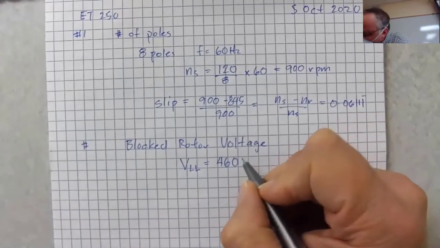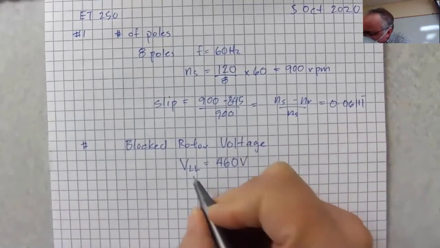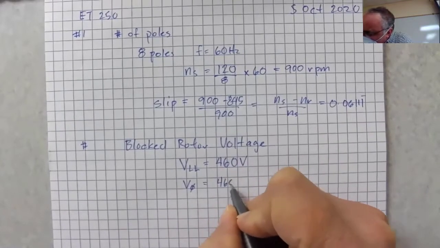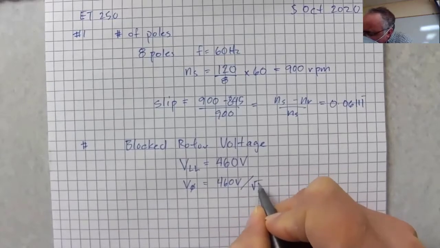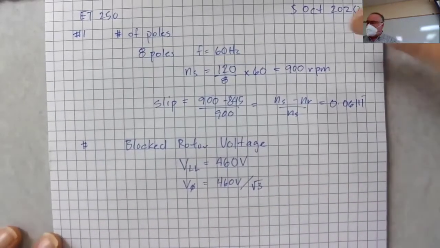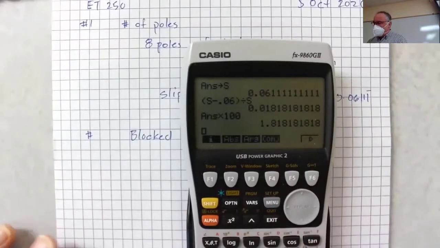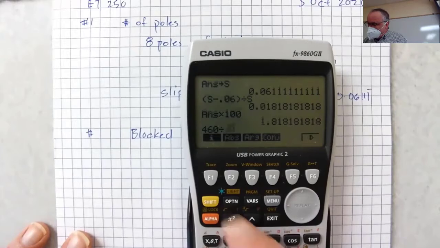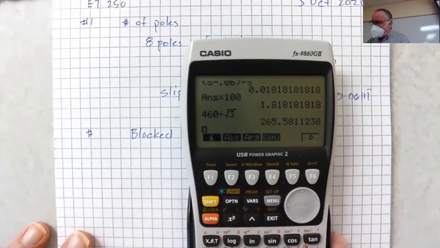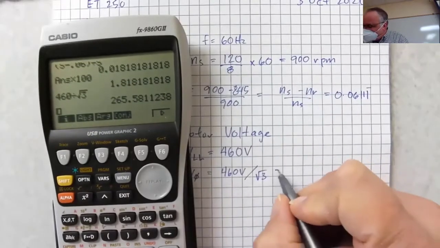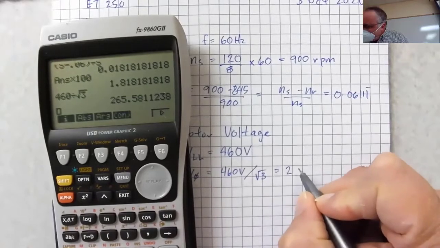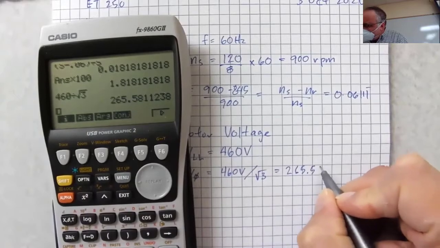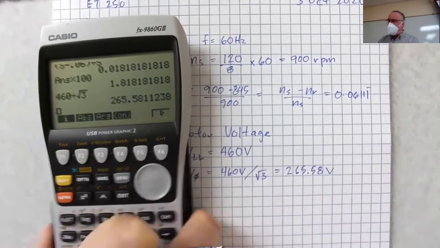At the motor itself, it's 460. So if we want V phase, we have to take 460 and divide it by the square root of 3. So that'll give us a phase voltage. 460 divided by square root of 3 is 265.58 volts. I'm going to keep that whole thing in my calculator though.